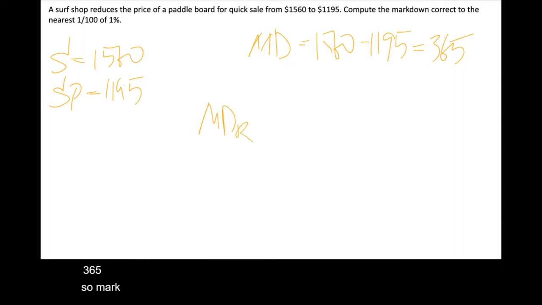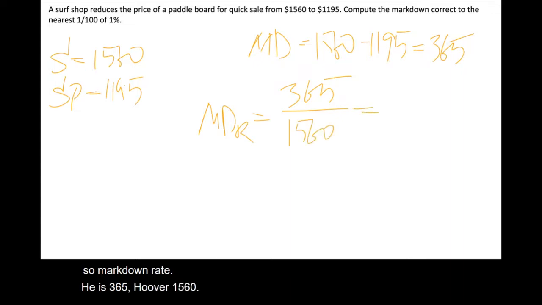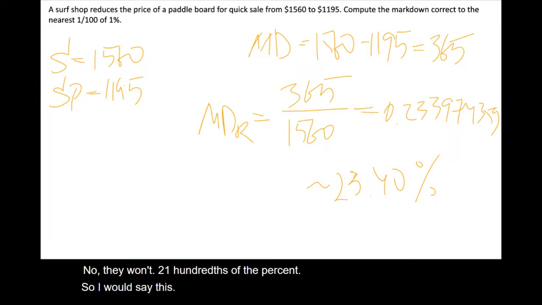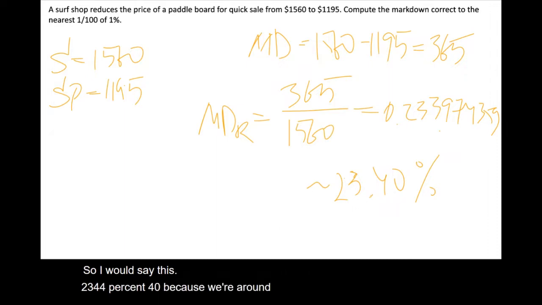So markdown rate is 365 over 1560. That's 0.233974359. Now they want 100ths of the percent, so I would say this, 23.40%, because we're rounding 39. Okay, questions?